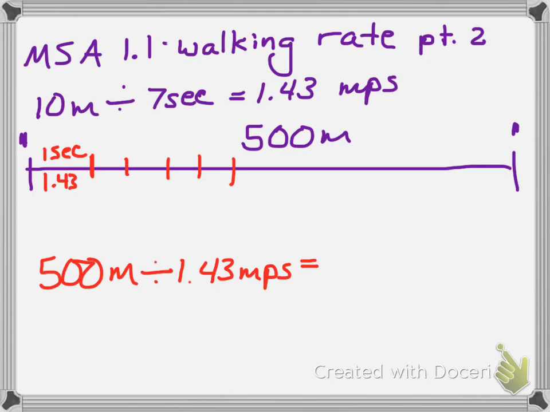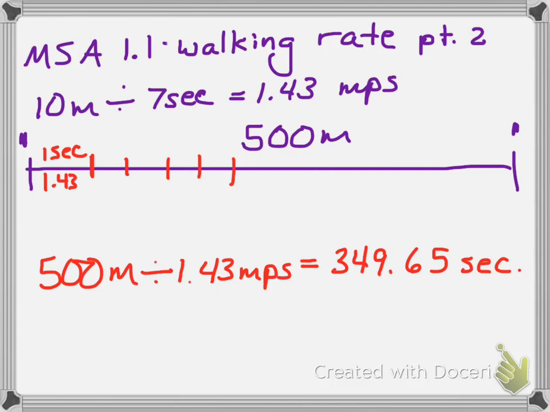When I'm done with that, I'm going to round to the nearest hundredths place. I end up with 349.65. And because I'm dividing meters by meters per second, I'm going to end up with a label of seconds.